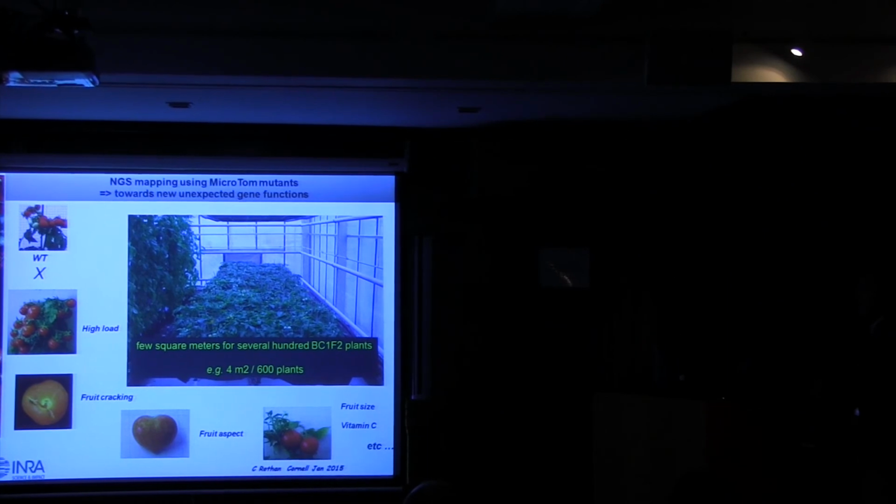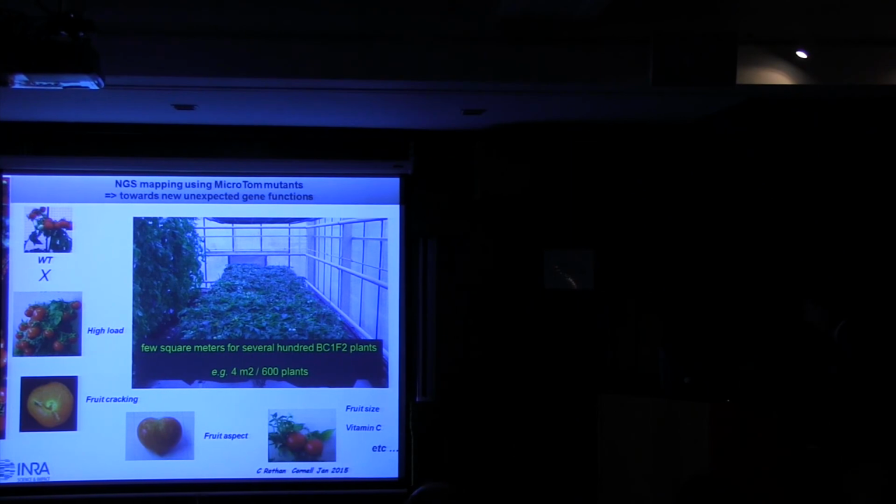And if you are lucky, if it's in a recombinant region and so on, you can straight away identify the gene. And we are currently sequencing different mutants, these high-yield mutants, where yield is double that of normal Micro-Tom, cracking aspects, vitamin C, and so on.